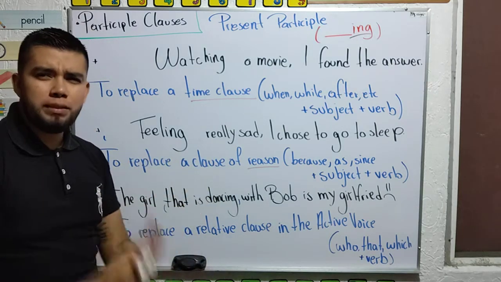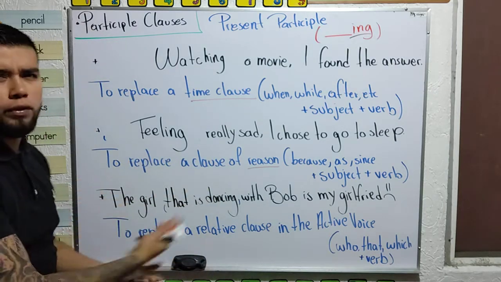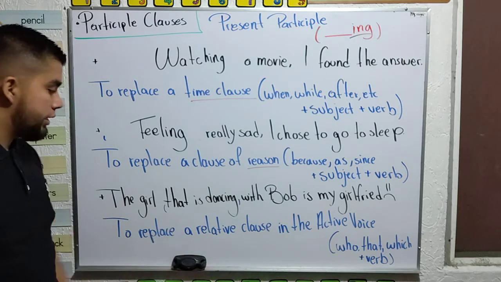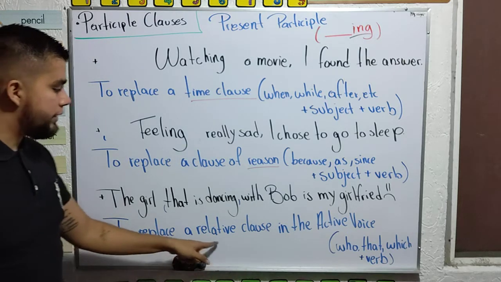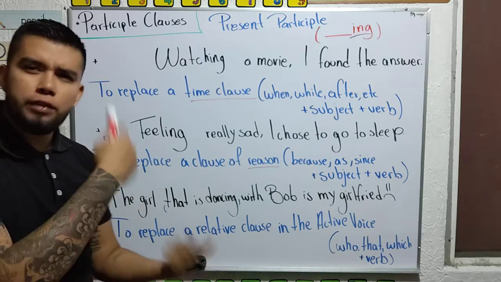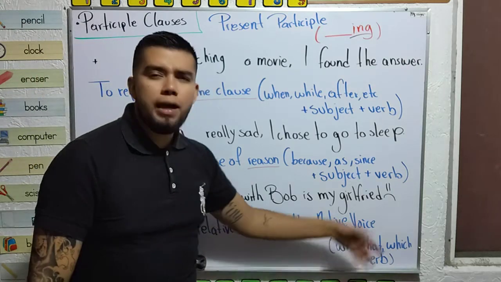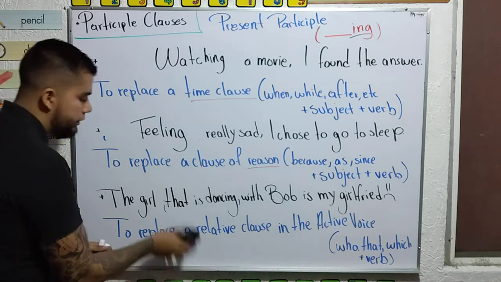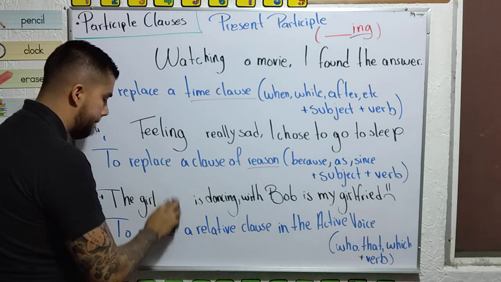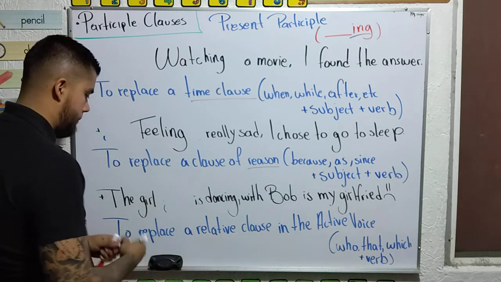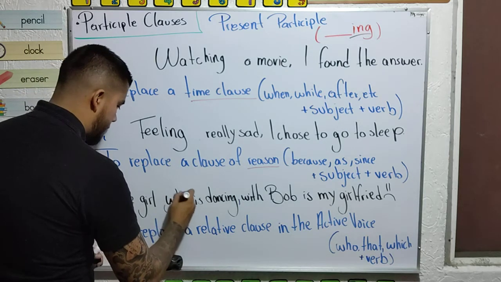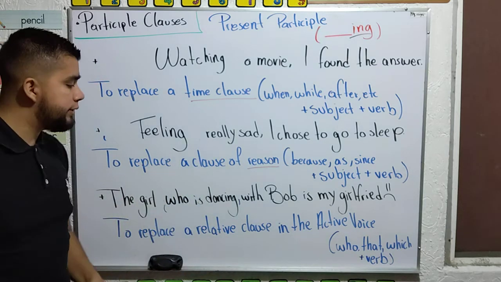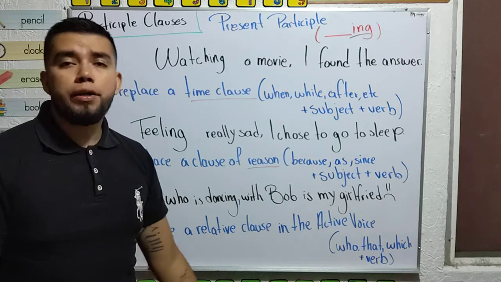Remember active and passive voice? This is active, normal voice. So, to replace the relative clause, do you remember the relative clauses? Who, that, which. For example, the girl that, or maybe here we can use who. The girl who is dancing with Bob is my girlfriend.